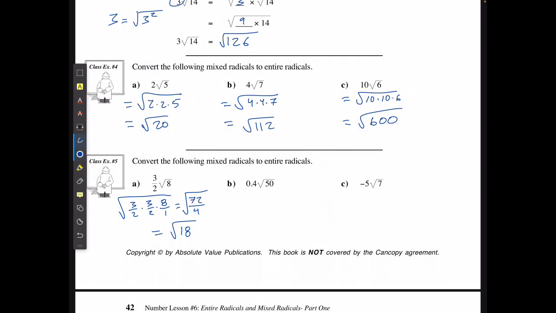If I'm taking one like 0.4 and the square root of 50, first thing I'm going to do is turn that 0.4 into a fraction. You can just put in 0.4 math frac if you're not sure how to turn it into a fraction, and that's the same as 2 over 5.